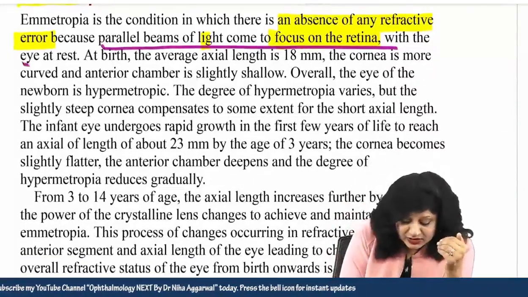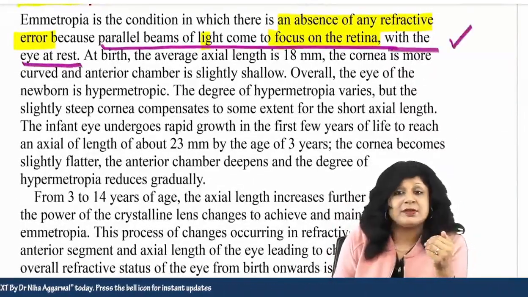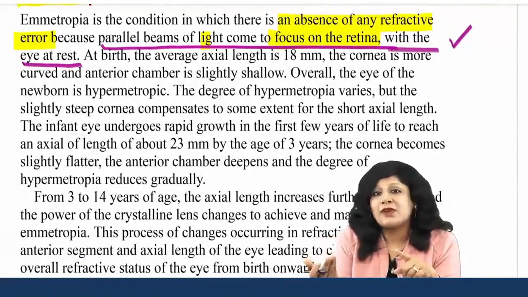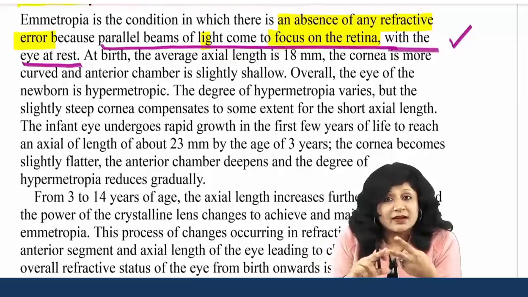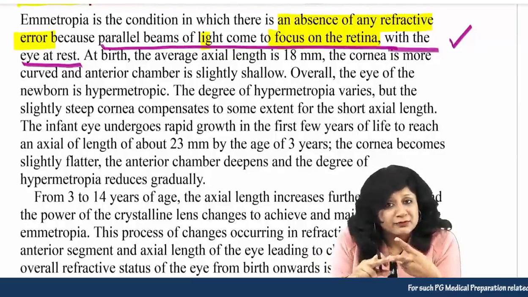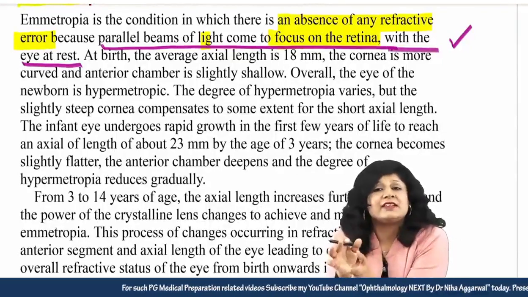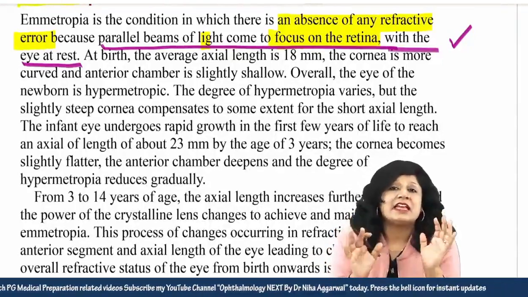Now this is again very important. The patient should not use the accommodation, only then I will consider that the refractive status is normal. So if the parallel beam of light coming from infinity with the accommodation at rest is focused exactly at the retina, then I will say the eye is emmetropic.